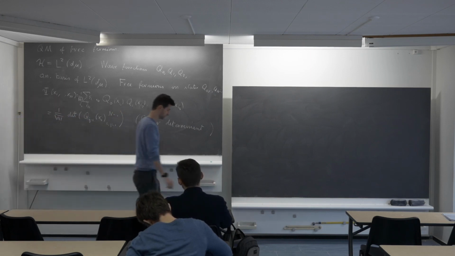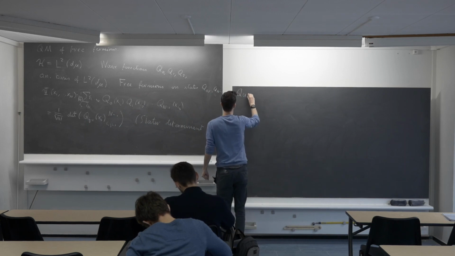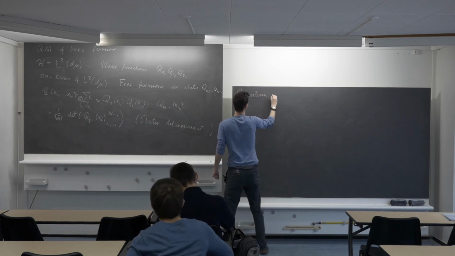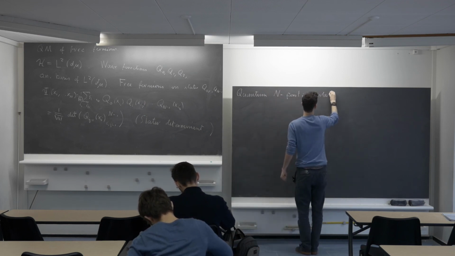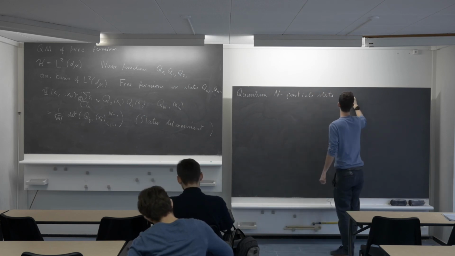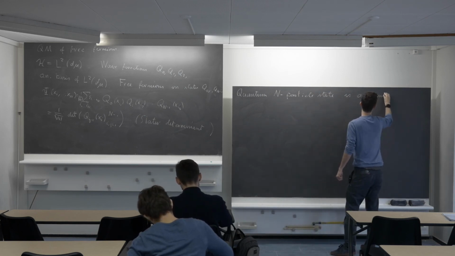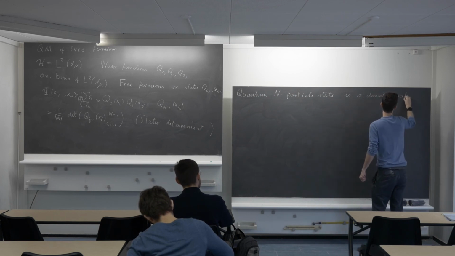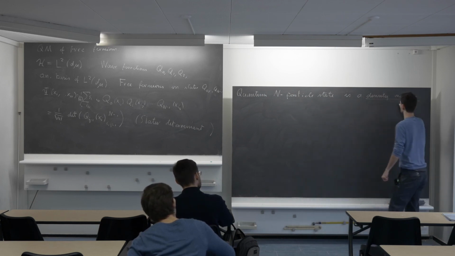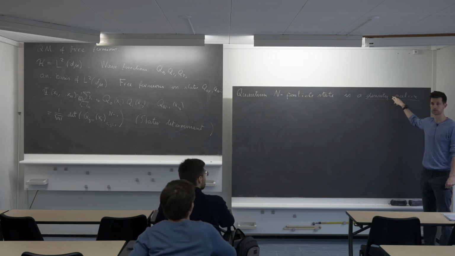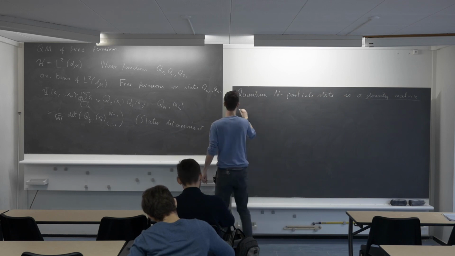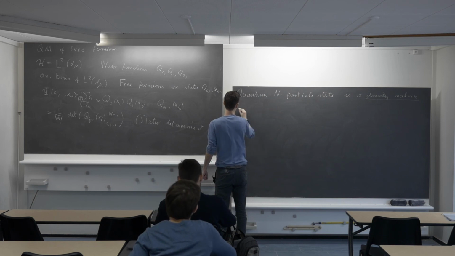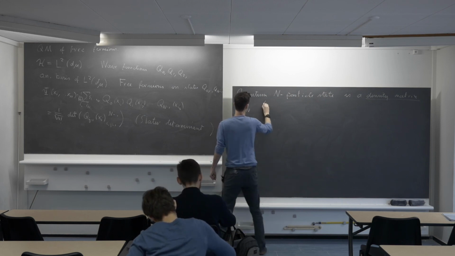Now, the state. Have you seen this in a course on quantum mechanics? It's a density matrix. So let me call it rho n. Maybe I should not use the same terminology. Let me call it gamma n.